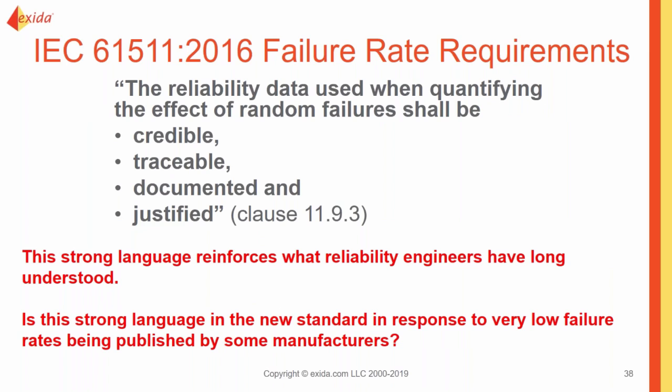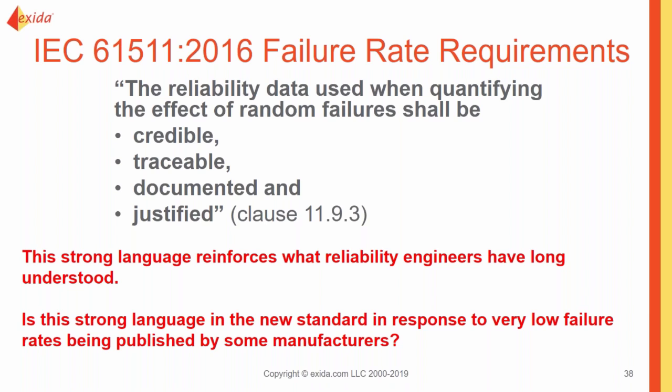Now, you know it's important to have functional safety. Now it's not just important to apply these concepts, but it's important to apply them in a credible and realistic way as well. And this is coming straight from the standard. Both IEC 61508 and 61511 mention it, and it talks about where data comes from.